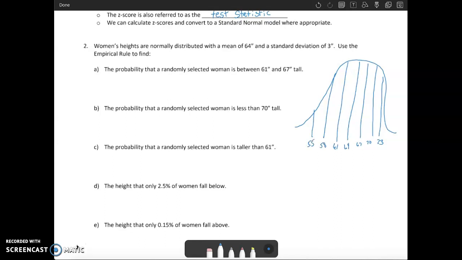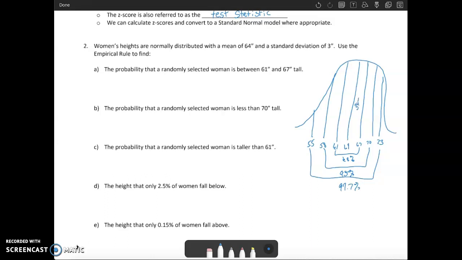And then let's remind ourselves that, remember, within one standard deviation is 68%, within two is 95%, within three is 99.7%, and then we can even mark off all of these smaller values.